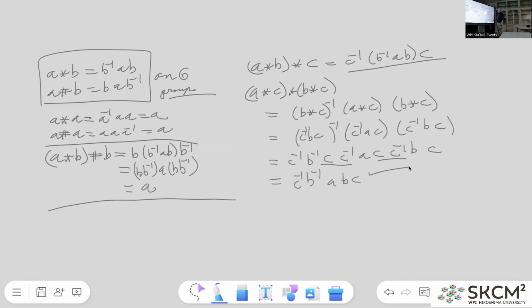Now I give you another example. We'll come back to that because this is actually related to what people call the fundamental group of the knot. This is example two. Let M be a module over the ring Z of T, T inverse.